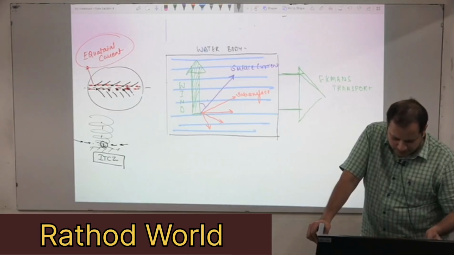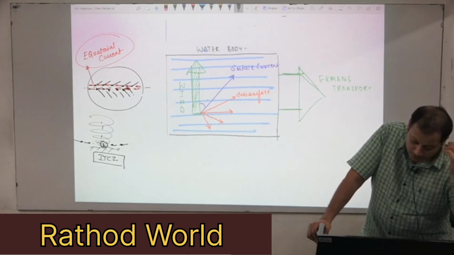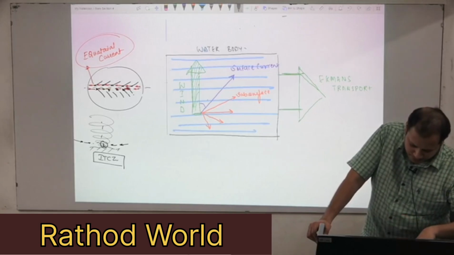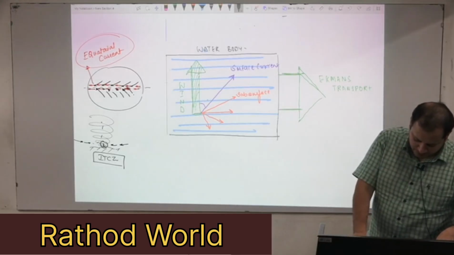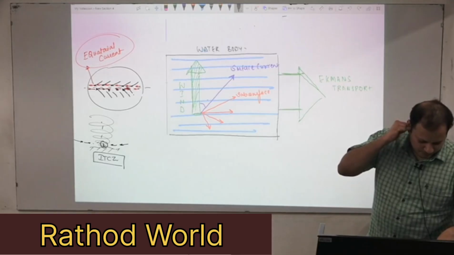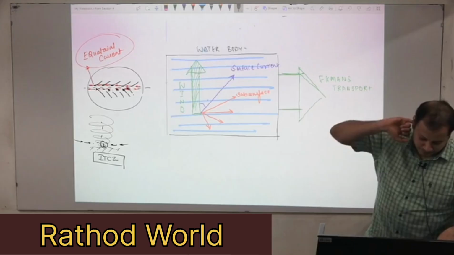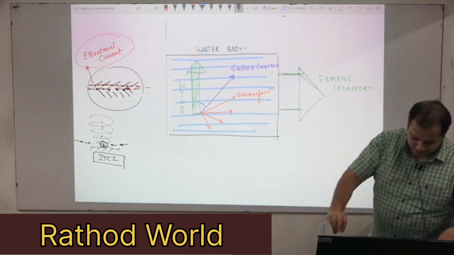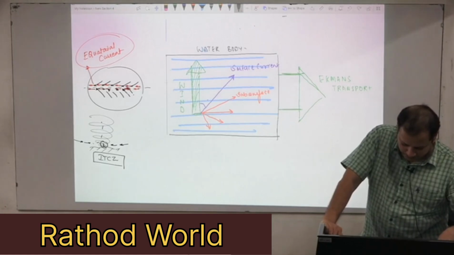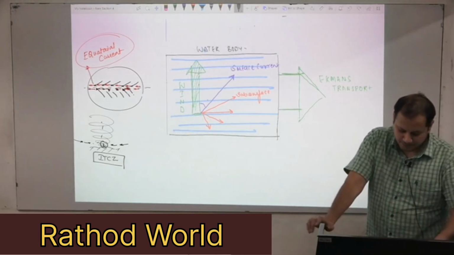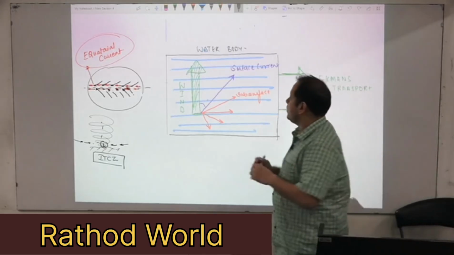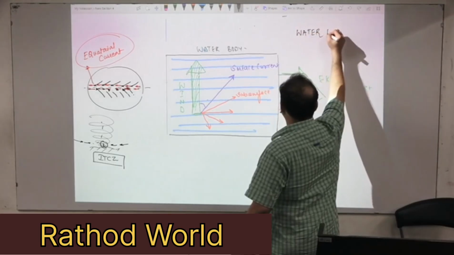Ekman's transport gives rise to east to west circulation of surface water near the equator, which converges on the western part of the oceans, forming water hills.